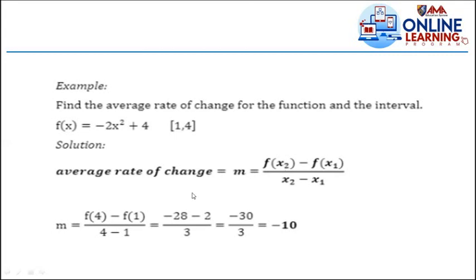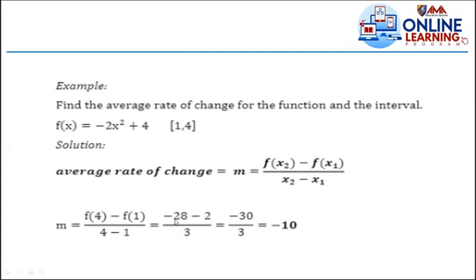The function of x2 is equal to f(4). The function of x1 is equal to f(1). Divided by x2 minus x1, 4 minus 1. How did we get negative 28? From negative 2? If we substitute our x2, which is 4, into our equation, 4 squared is 16 times negative 2, we have negative 32.